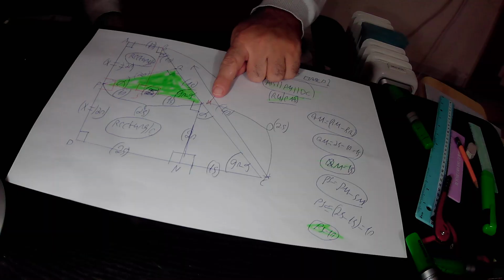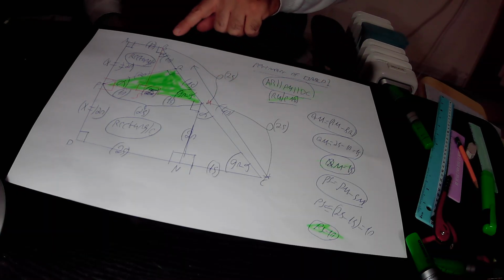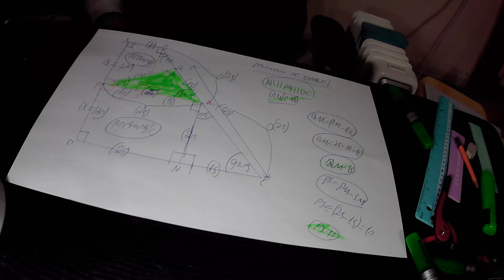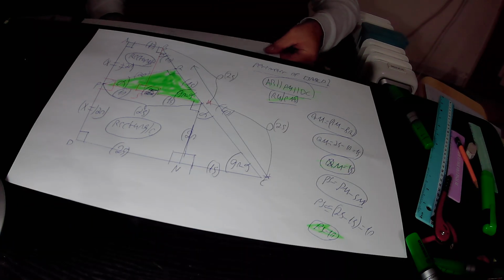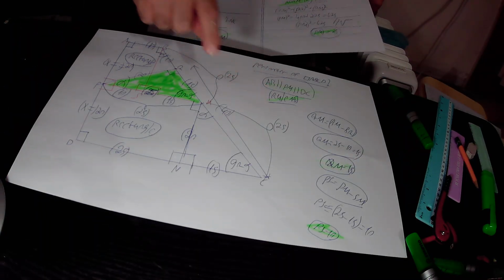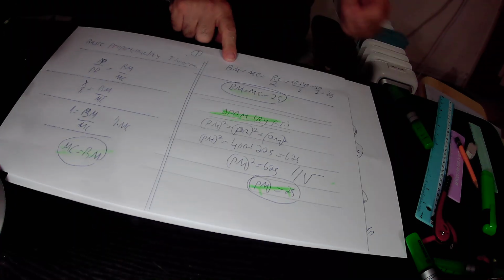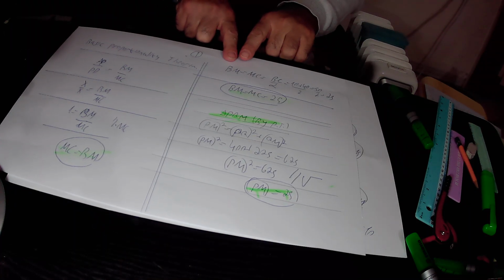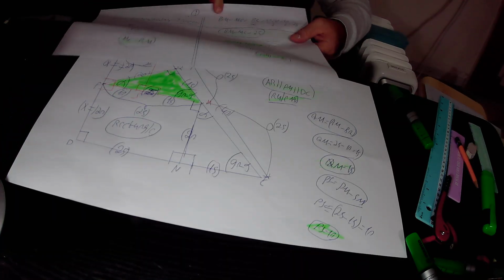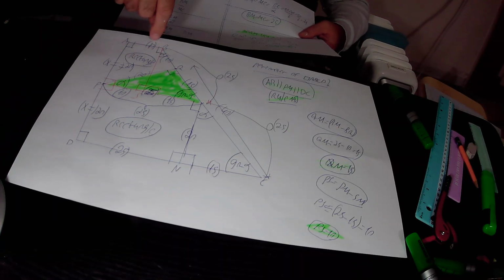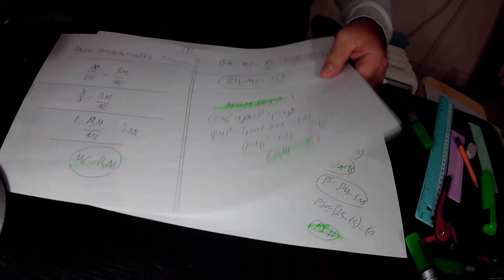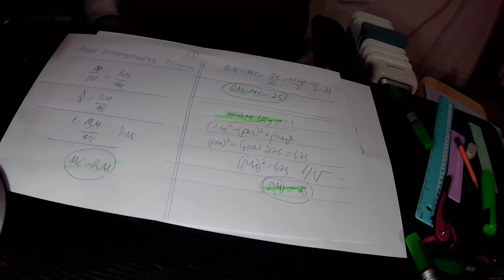BC is bisected into two halves at point M. The first half of BC is BM, and it is of course equal to the second half, MC. Each half must be equal to BC over 2 because BC is bisected into two halves.